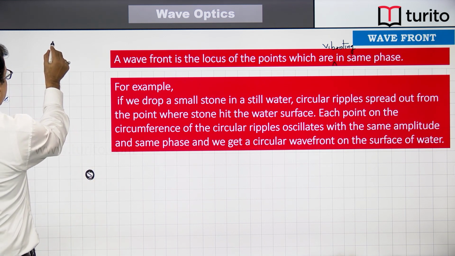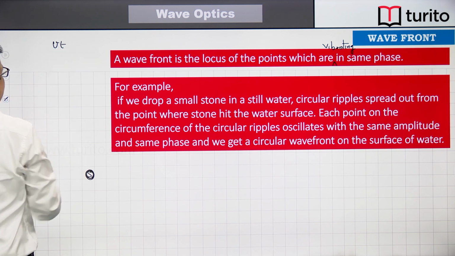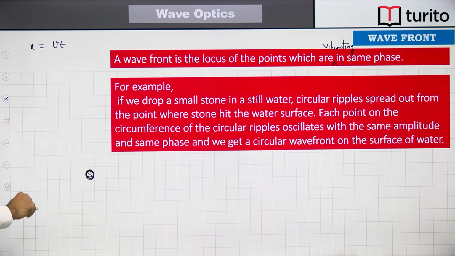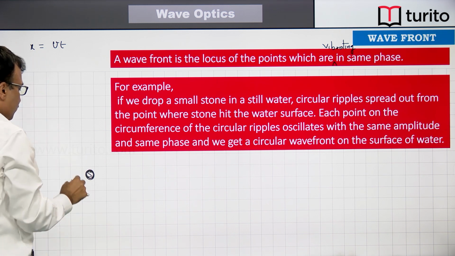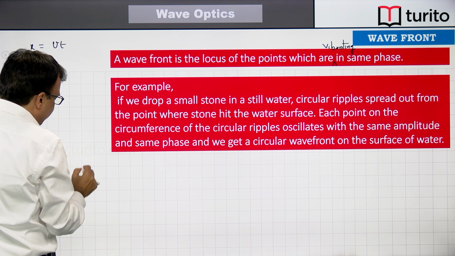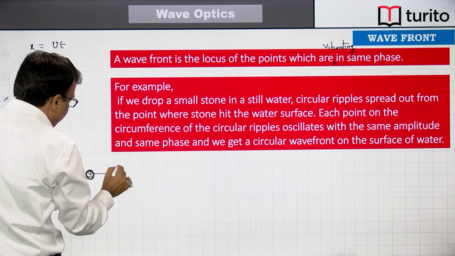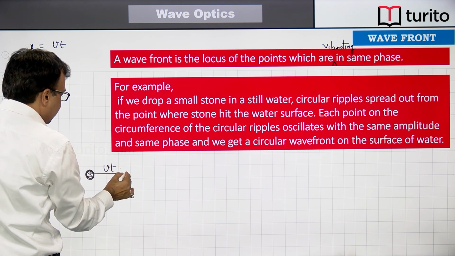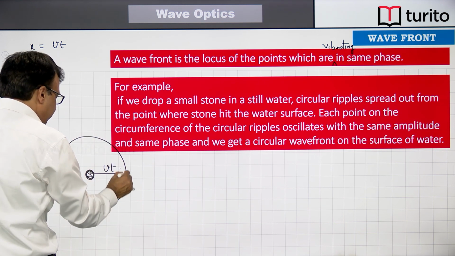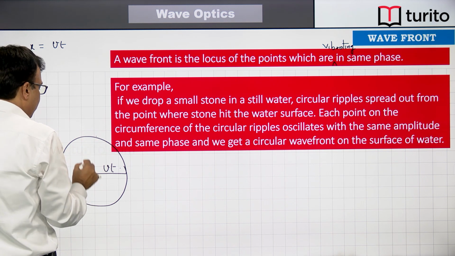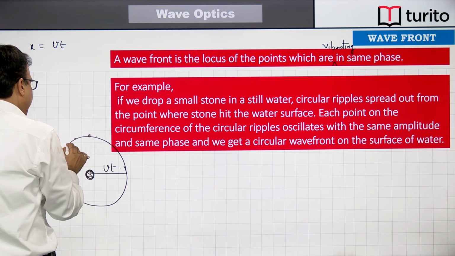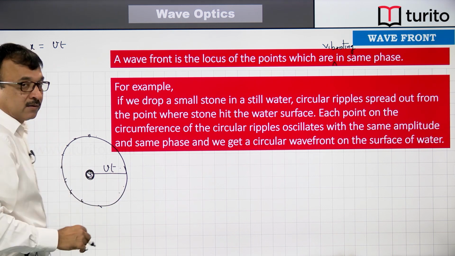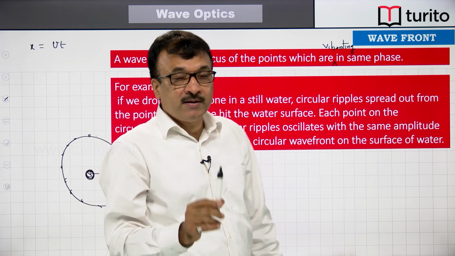Suppose the speed of light is v, then after time t, the distance travelled by the wave will be Vt. So if you consider this point source as a center and draw a sphere of radius Vt, then this is the surface of the sphere. Now every point on this surface of the sphere is oscillating in the same phase.